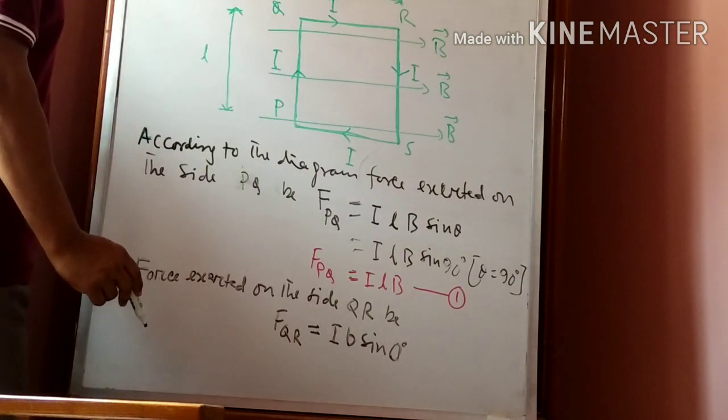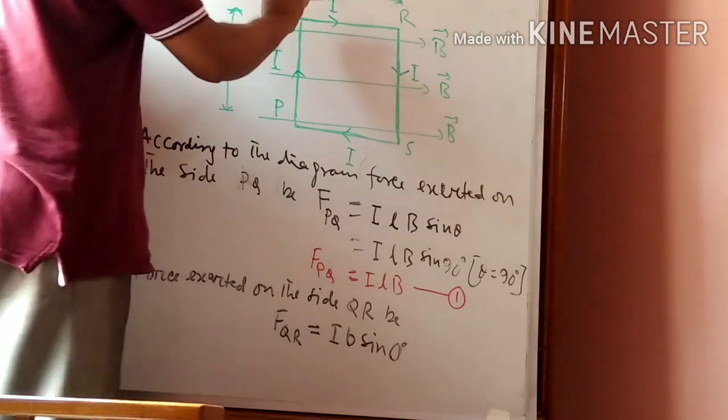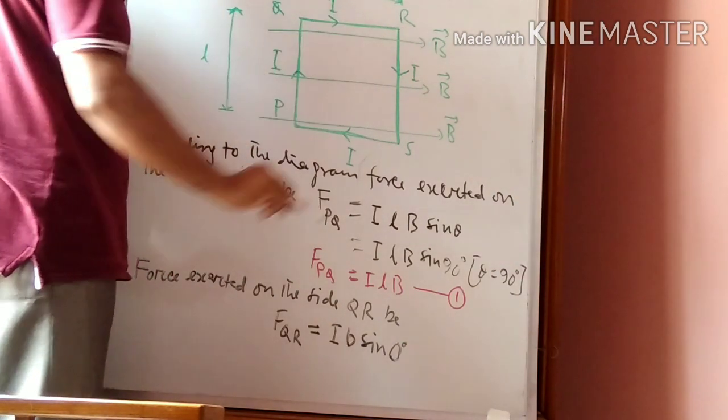That's why I b sin 0. It is the angle between the length and the direction of the magnetic field.